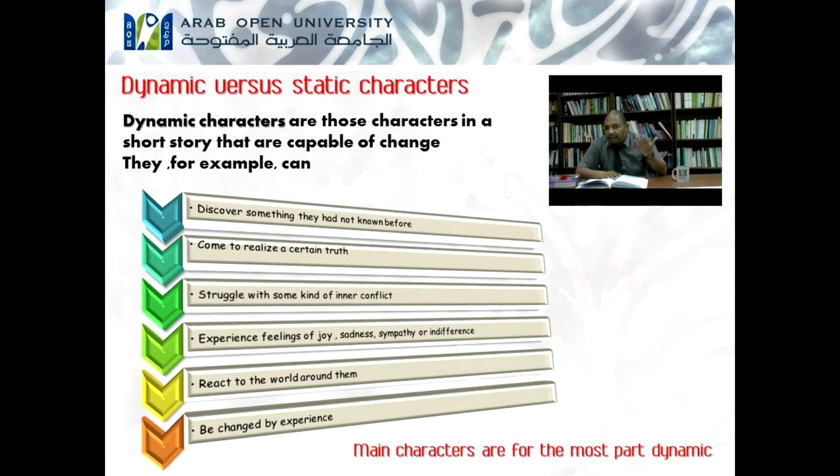Apply this again to the character of the narrator in After 20 Years, and see how he moves between happiness and sadness. He starts off very sad and miserable and disappointed with Gaza and its people, and the description of Gaza in this part of the short story is very dark and very black.